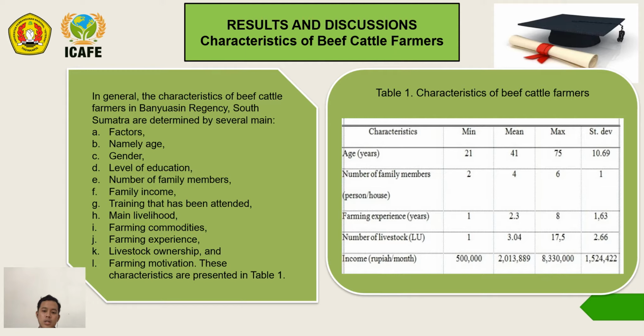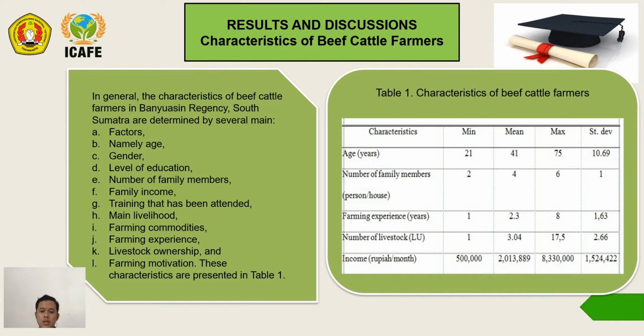The average income of farmers is still below the district minimum wage. Male farmers make up 91% of the respondents, whereas female make up only 8% of the respondents.